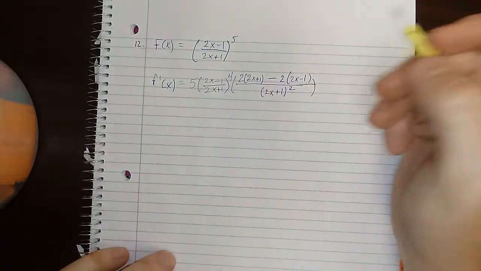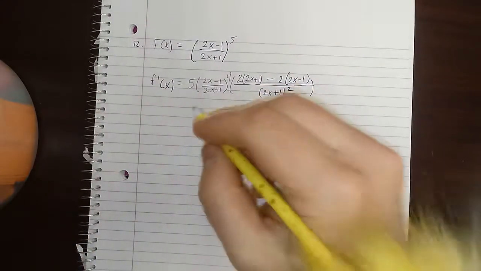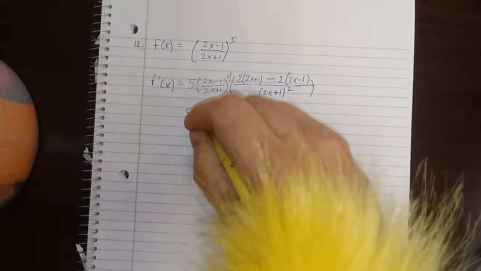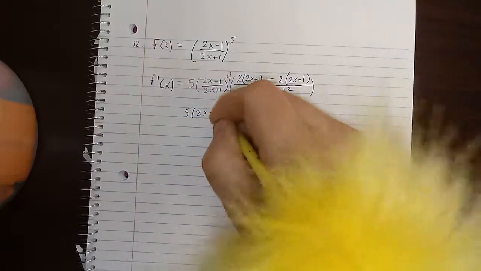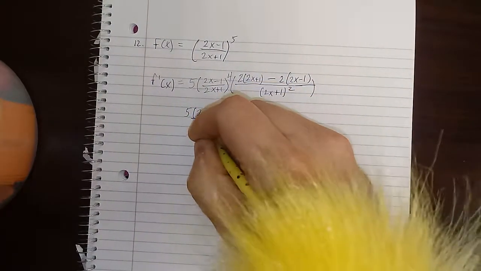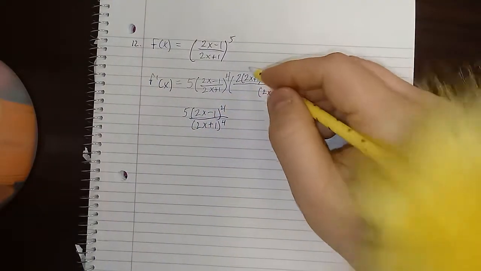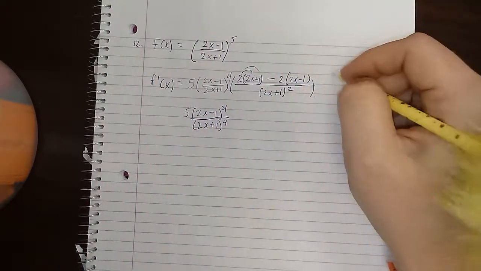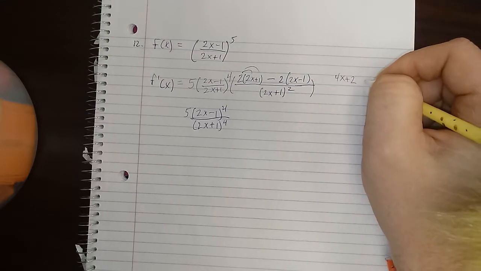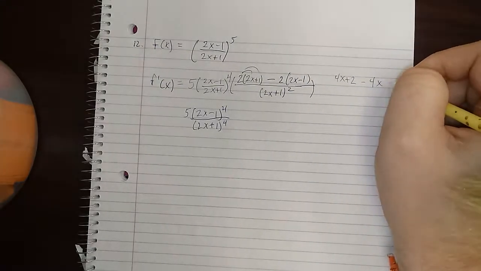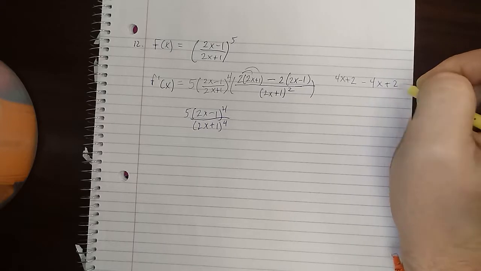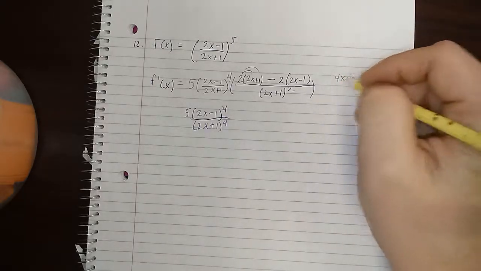But just in the interest of clarity and going through different strategies, we could look at this as the top to the fourth and the bottom to the fourth. And in the top on this one, that's 4x plus 2 minus 4x, and then another plus 2. So it winds up just being a 4.